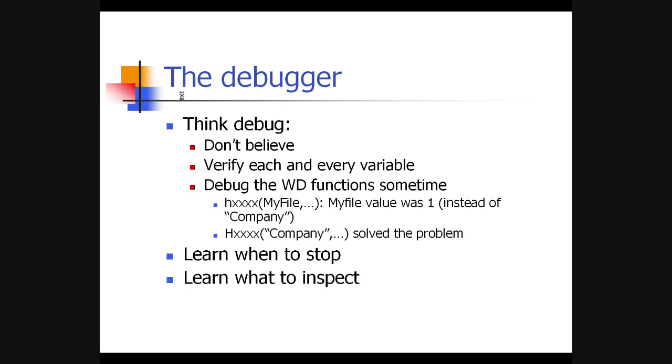Learn what to inspect. Of course, you don't want to debug your whole project code, so you don't want to inspect every line from the beginning of the program to the place where the bug is happening. You want to inspect the code that you think is creating a problem.